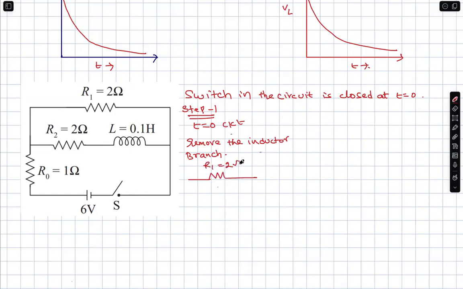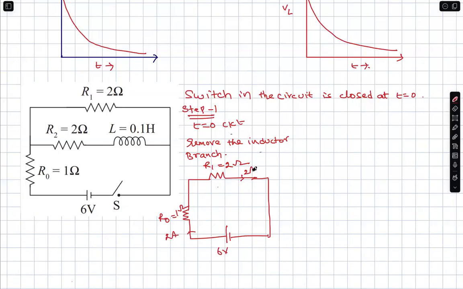R1 is equal to 2 ohm. R0 is equal to 1 ohm. This is 6 volts. Therefore, the current through this at t is equal to 0 is simply 6 by 3, 2 amps.